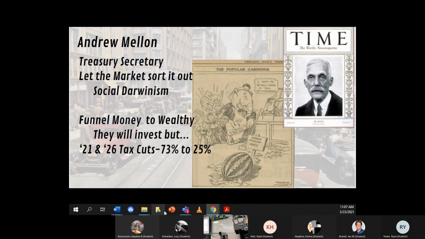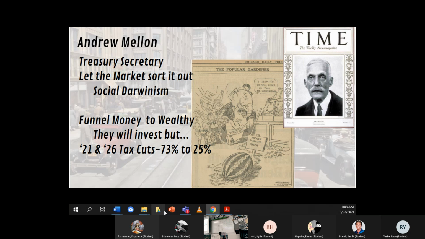But as I told you before, do they always invest in business? It's really hard to start a business. But speculating in the stock market, you buy a stock and just hope the value goes up, that's easier. And it's kind of a gamble, so it's kind of fun, especially if you have a lot of money. For example, Mellon himself in 26 wrote a bill that gave him an $800,000 tax cut. Now he was worth hundreds of millions of dollars even then.